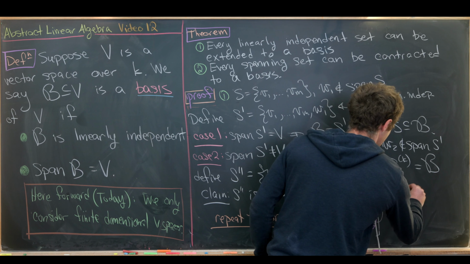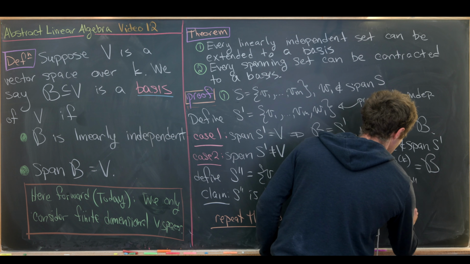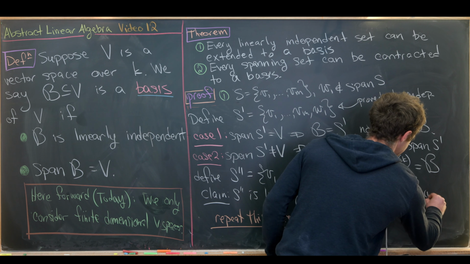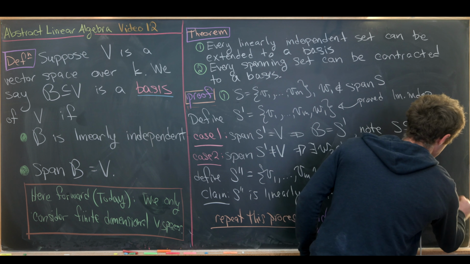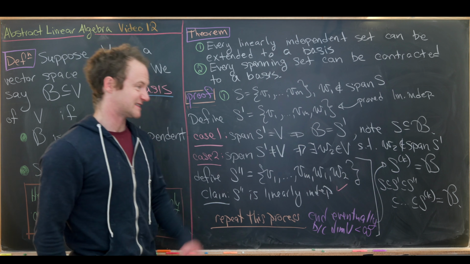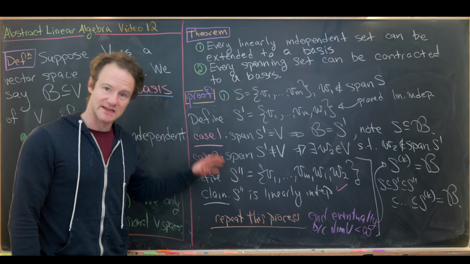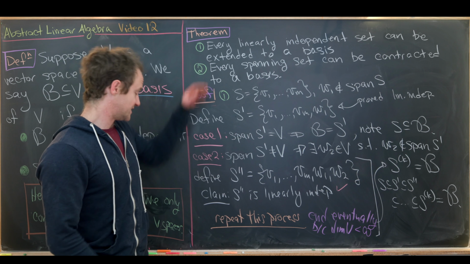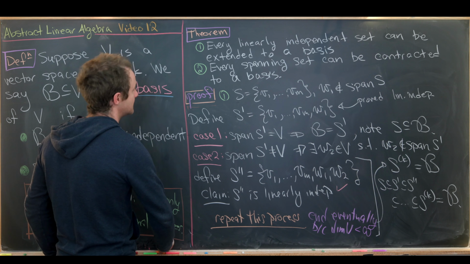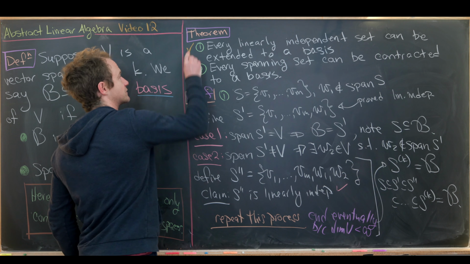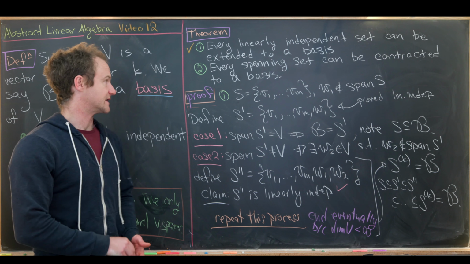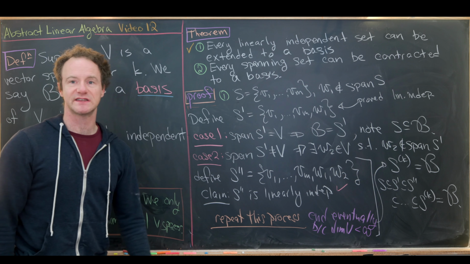S is inside S prime, which is inside S double prime, which is inside all the way up to S upper K, which is equal to the basis. And we've successfully extended our linearly independent set to a basis, which is exactly what we needed to prove this first result. Okay, nice. So let's get rid of this and then we'll do the same thing for the second result.